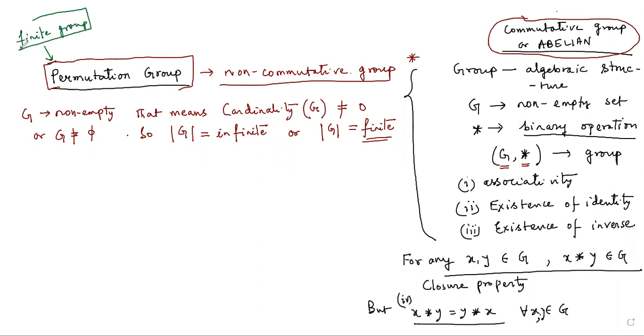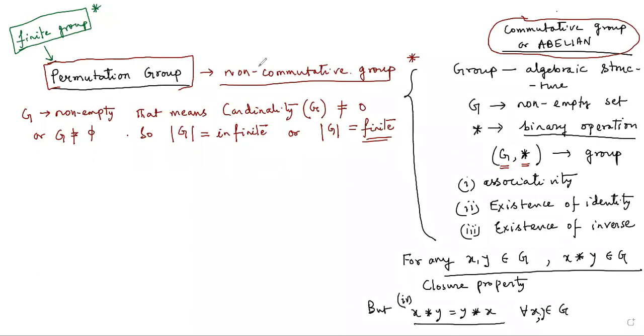That is also a very important point that I want you to note down in your copy. So today I'm going to start a group which is called permutation group, and it is a special type of finite non-commutative or non-abelian group. It's a very important point.